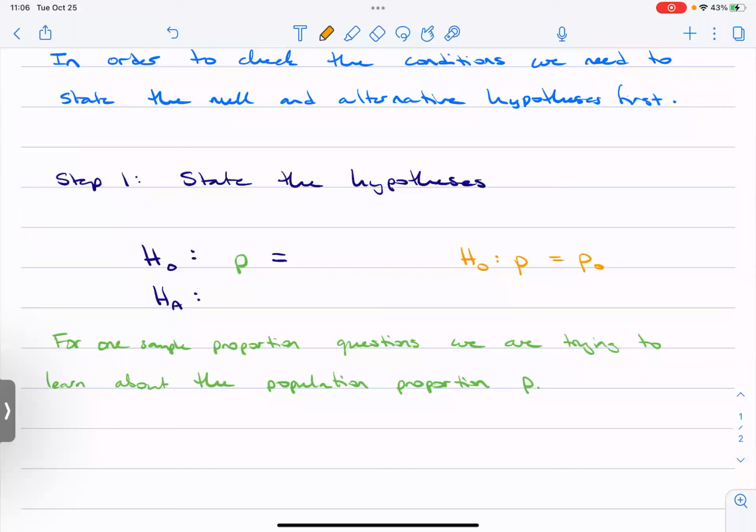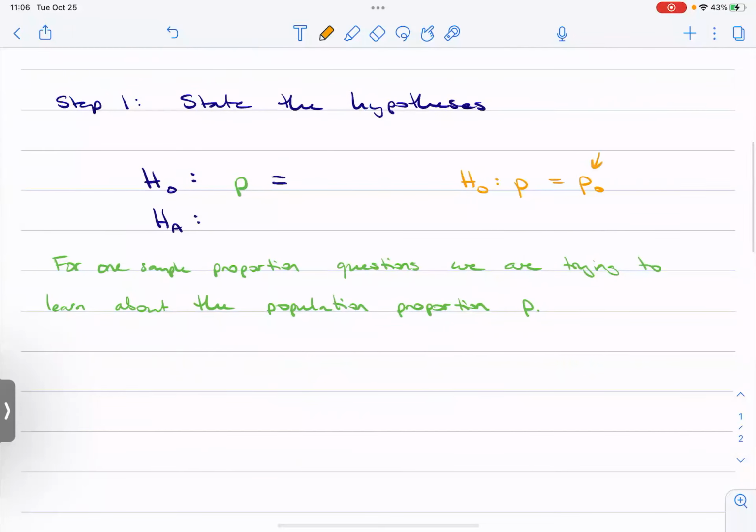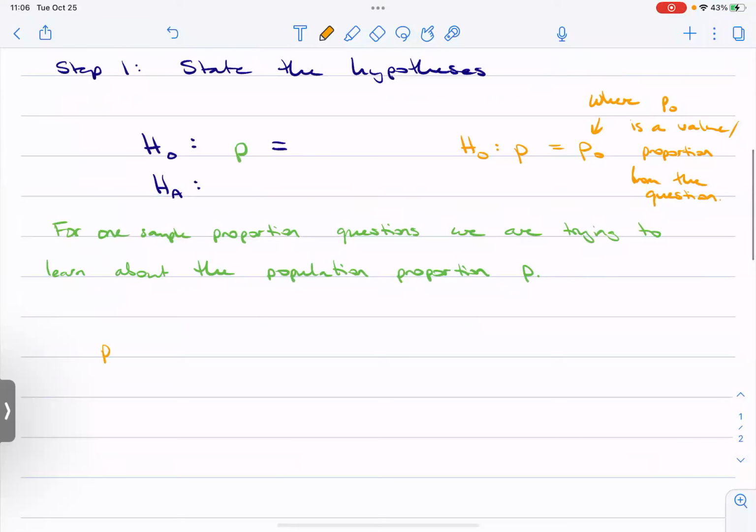Now this is going to be a value, where P naught is a value or a proportion from the question. It's going to be the value we want to compare our sample proportion to. I'll follow that up here. P naught is the proportion we want to compare our sample proportion to.